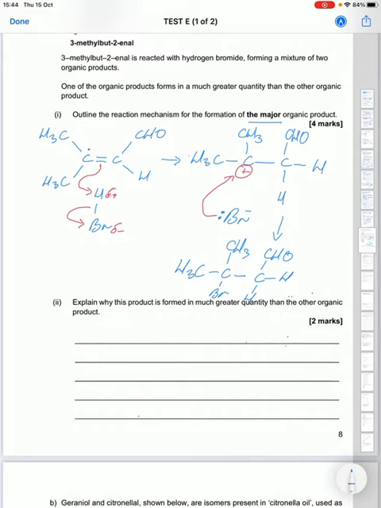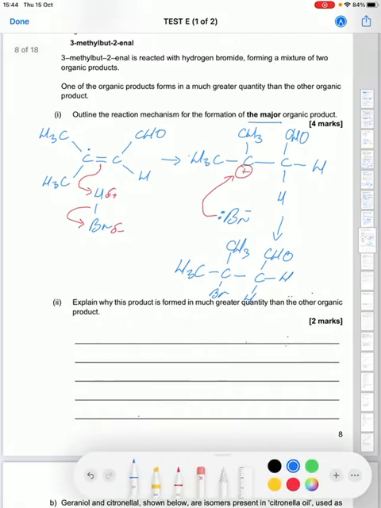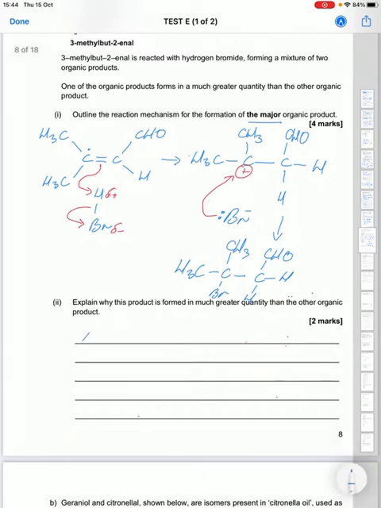Why do we get this one as the major product? So again, we've got to look at what we would have here. So we need to talk about the major product forming, and this is where most people mess up. So the major product is formed from, now we've got a tertiary carbocation here.